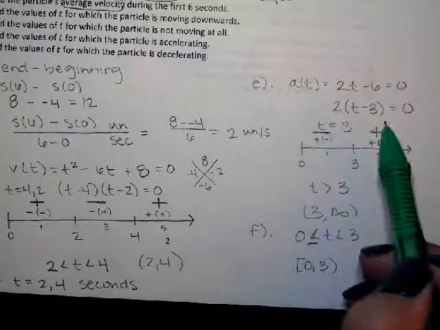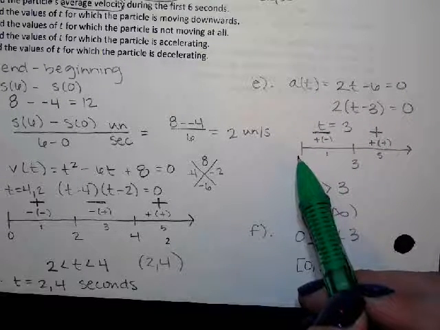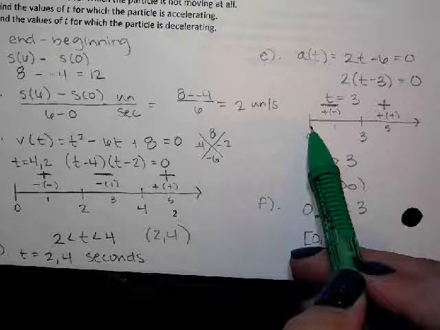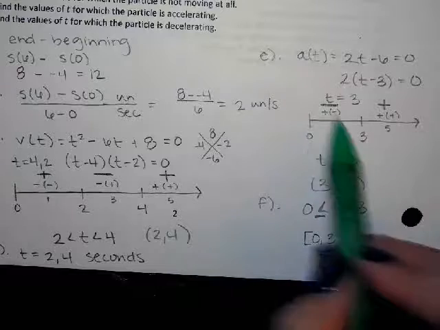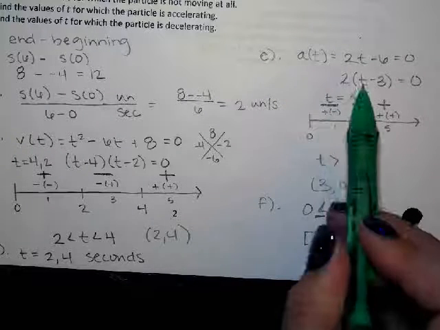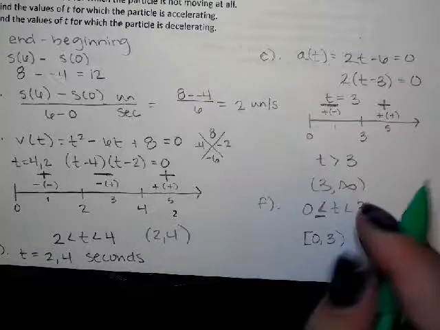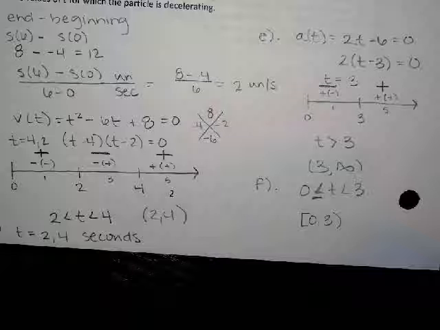Then 0 would have been one of the values where the acceleration was 0. It was 2 times t minus 3, which means that 0 is part of the interval. The other way you could figure that out is by taking 0 and plugging it in. You can see that 0 is one of the values that makes it negative. That can kind of help you know that you should include it as well.